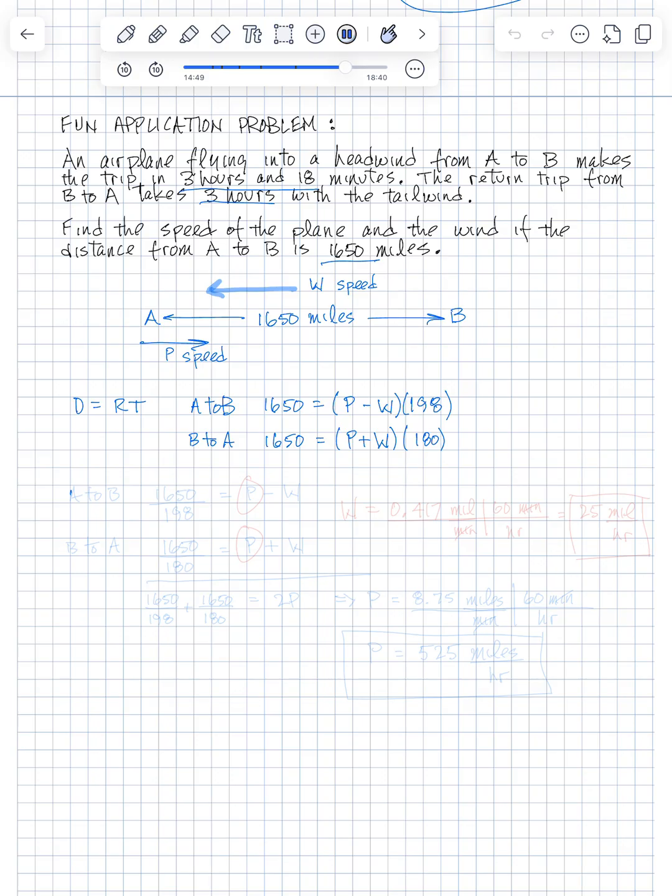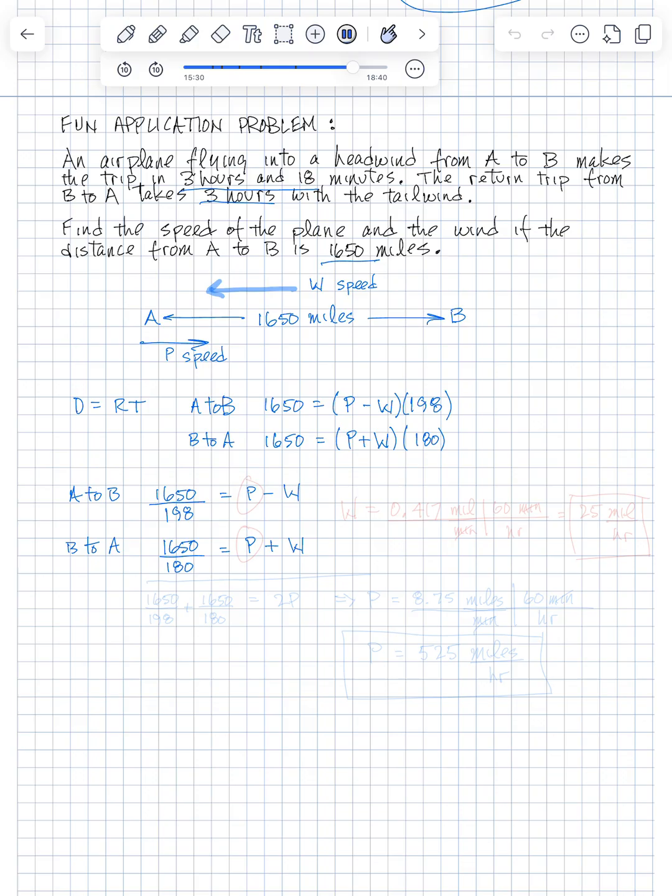So the A to B, we have 1650 divided by the time, 198, and that's equal to P minus W. And then the B to A, we have 1650 divided by 180 minutes, and that's equal to P plus W.